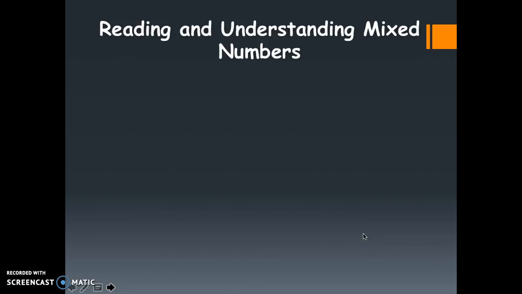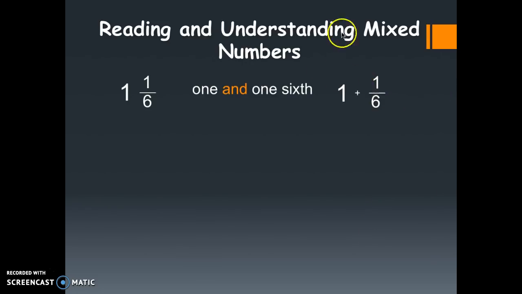So here's how we read mixed numbers. 1 and 1/6 is the same as 1 plus 1/6. 2 plus 7/8 is exactly the same as 2 and 7/8, or in words, it looks like this, 2 and 7/8.